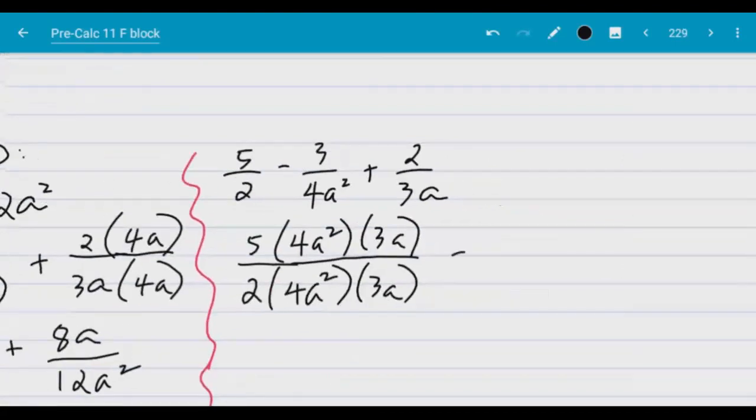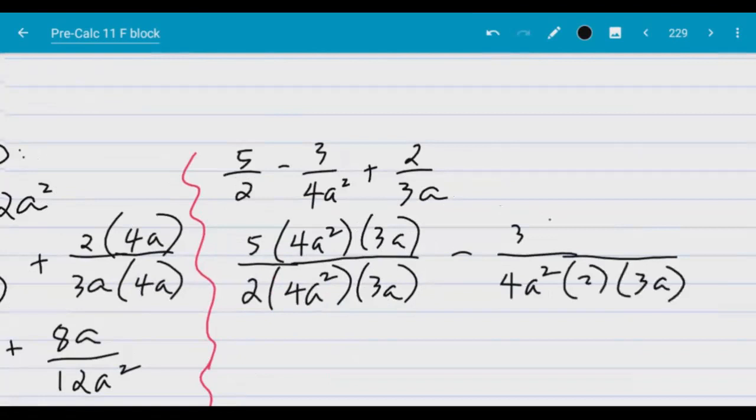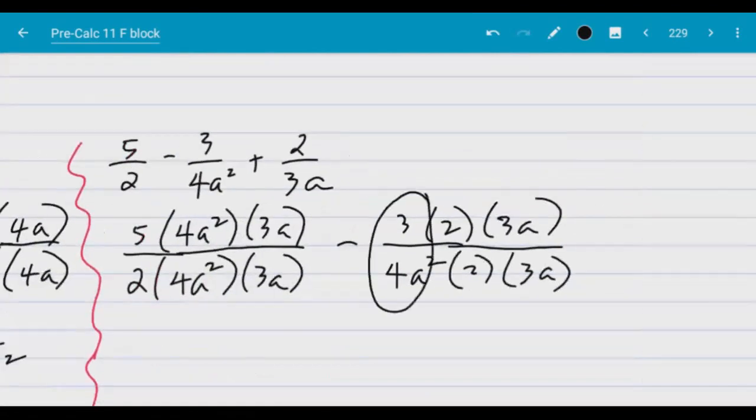Now, the next one originally had 4A squared as a denominator. But since I'm multiplying all of the denominators, I'm going to need the 2 and the 3A. So I will multiply it by 2, I multiply it by 3A. What you do to the bottom, you do to the top. As you can see, this is the original fraction.